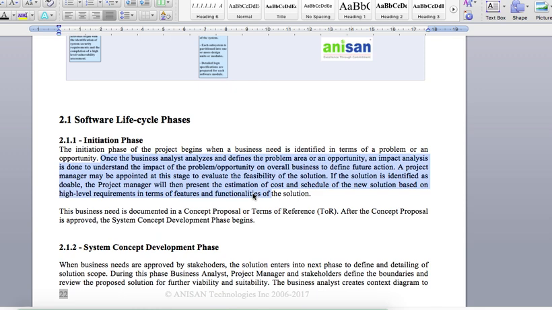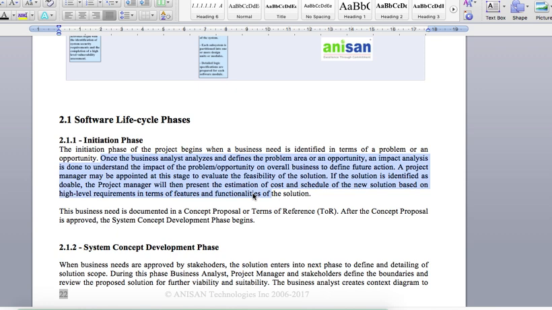In this process, we may need to meet some stakeholders to understand the problem and the impact, because the problem we identified may not be the same once we start analyzing it or understanding the impact area. That is captured again in the problem definition or business need. Okay. And based on the problem definition, we could define the future course of action.